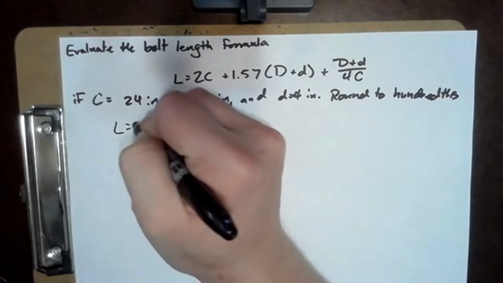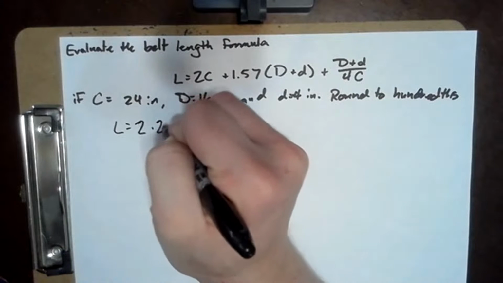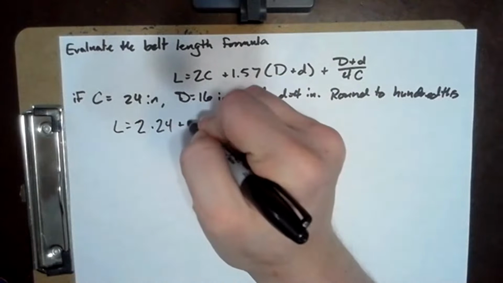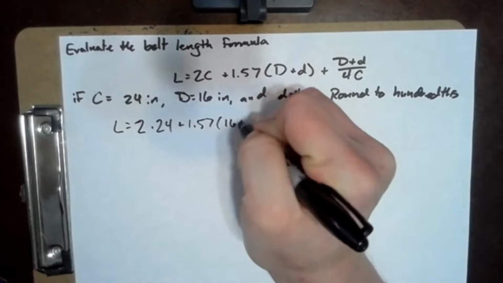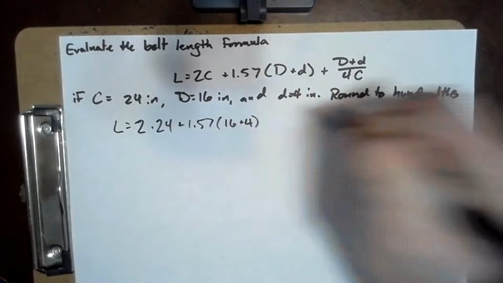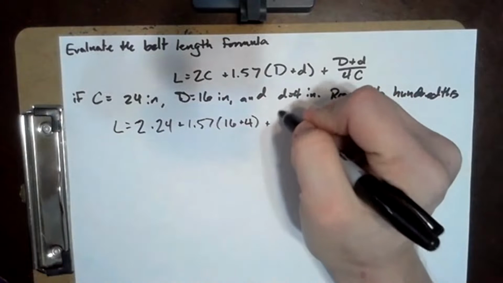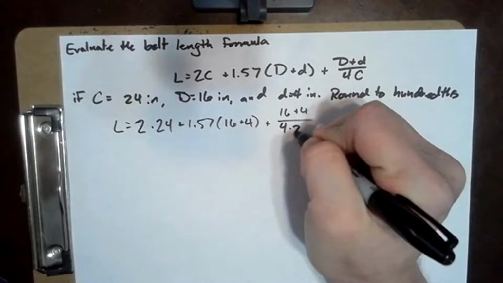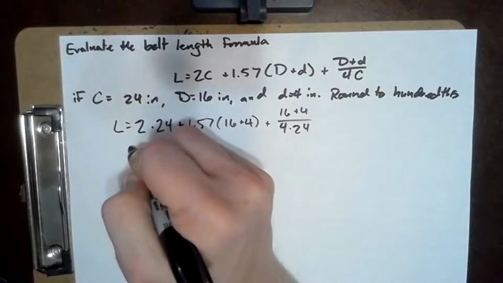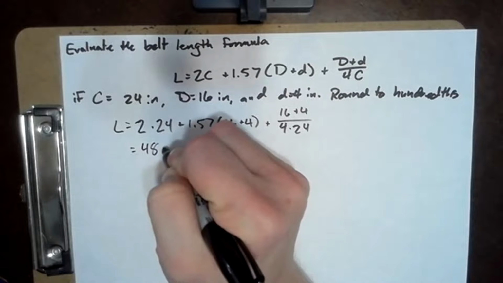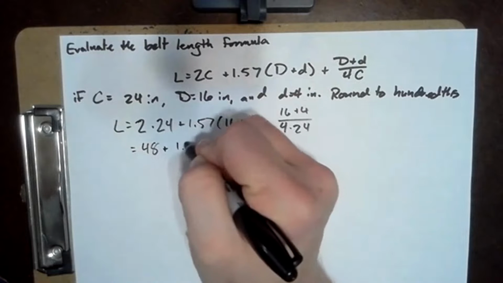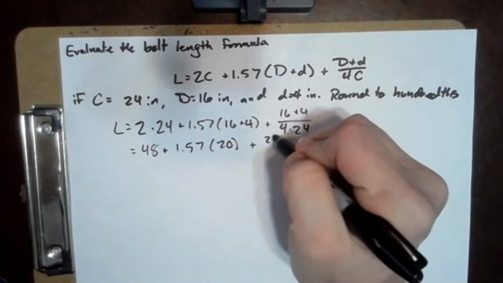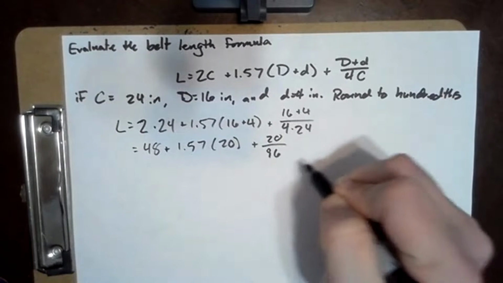So L equals 2 times 24 plus 1.57 times 16 plus 4 plus 16 plus 4 over 4 times 24. Well, 2 times 24 is 48. Plus 1.57 times 20, and 16 plus 4 is 20, over 4 times 24, which is 96.